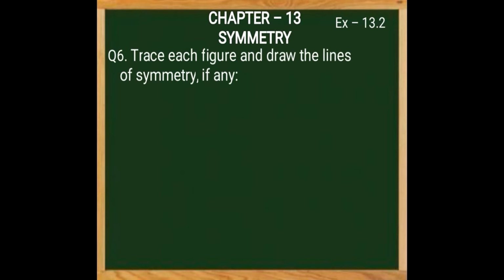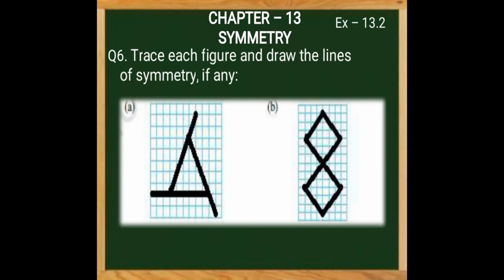The next question says trace each figure and draw the lines of symmetry, if any. If it has a line of symmetry, then only you have to draw. But you need to trace each figure again on squared paper, and these are the figures. So let us deal with one figure at a time. If I look at this figure, A part, I would not be able to draw a line of symmetry, because if I draw a line of symmetry here, this part should go similar, no?